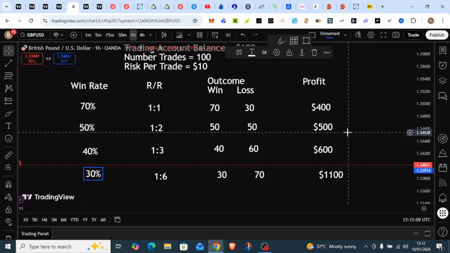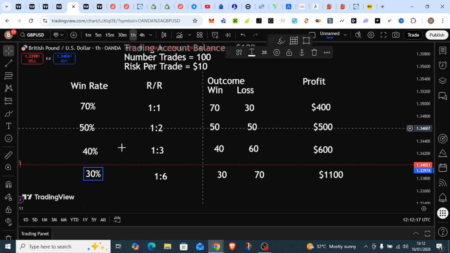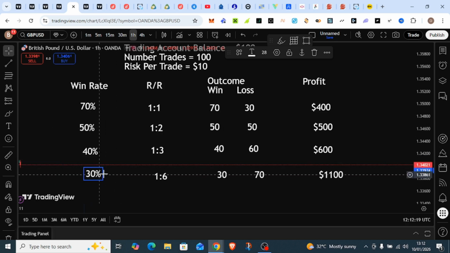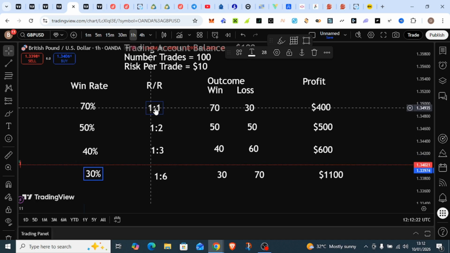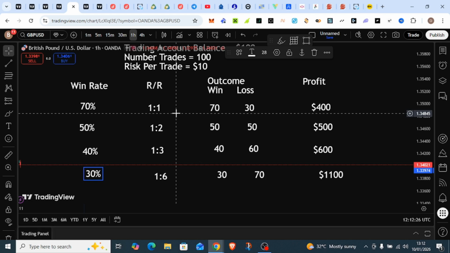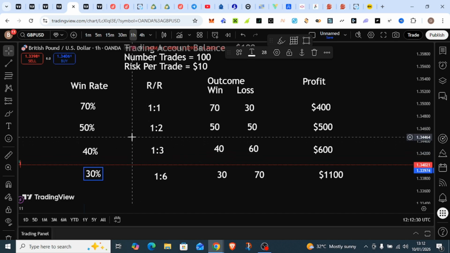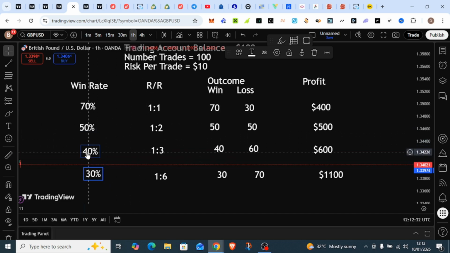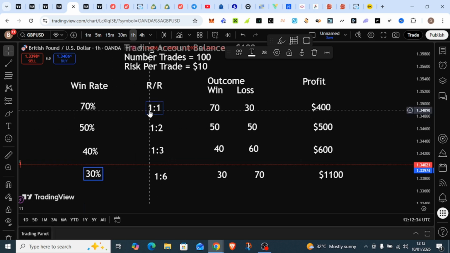So based on these examples I've given, you know the win rate you have on your system. You should be able to choose the best RR, because if your win rate is 30% and you are using RR of 1:1, you'll be at a loss. You will not be profitable. Then if your win rate is 40% and you use RR of 1:1, you are not going to be profitable.